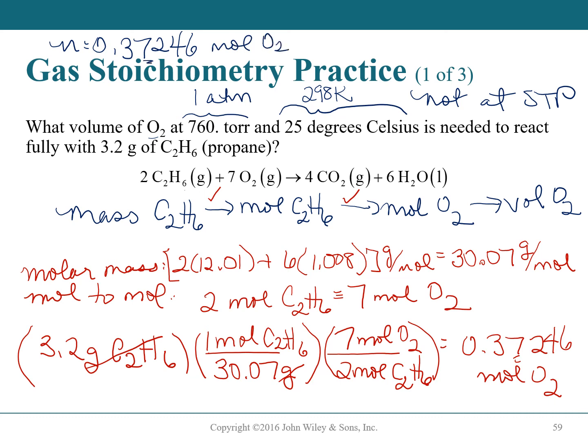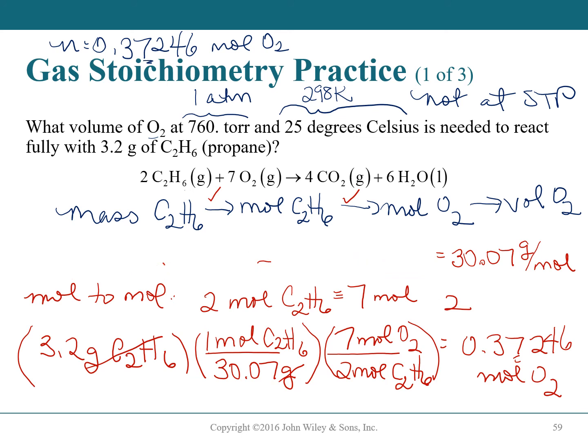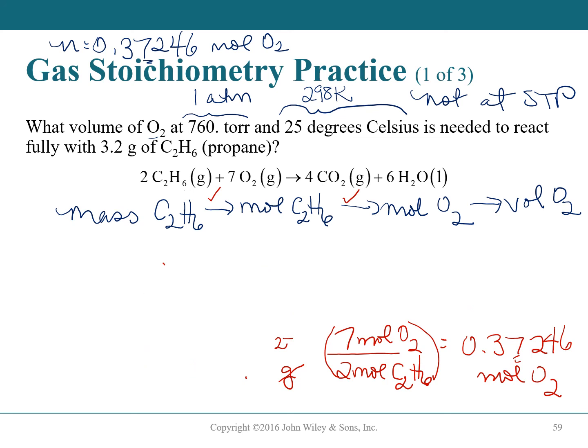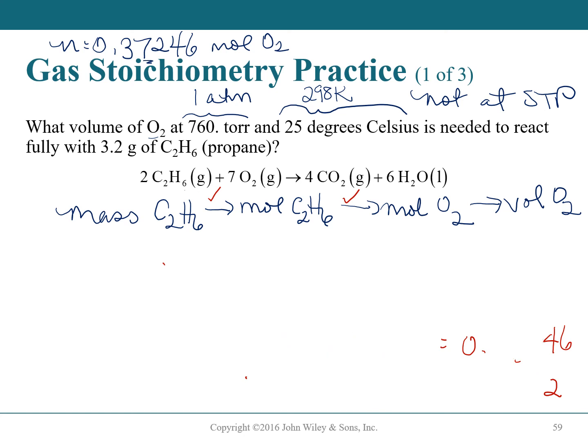And now let me give myself space to use my ideal gas law. Okay, so we finished the first 2 steps, and now we have to do the last step. And so the last step right here, I'm going to give the check mark.